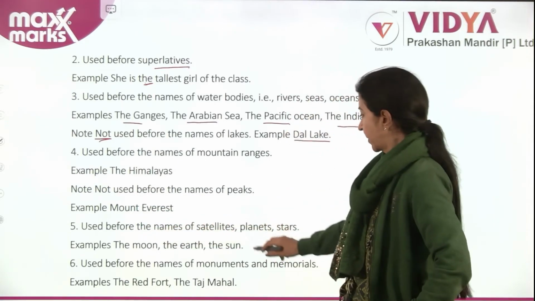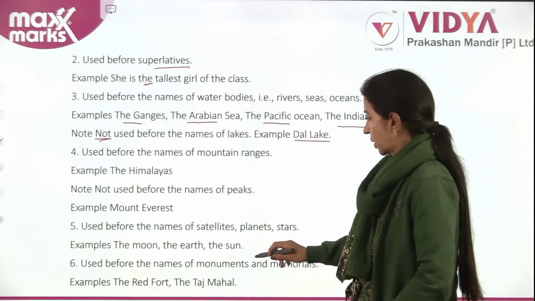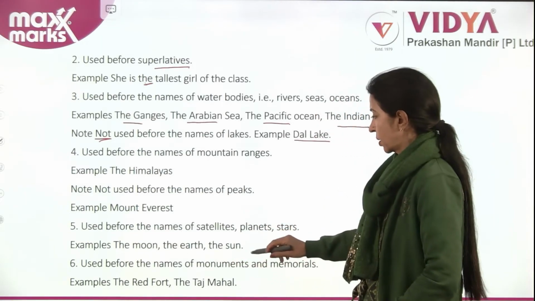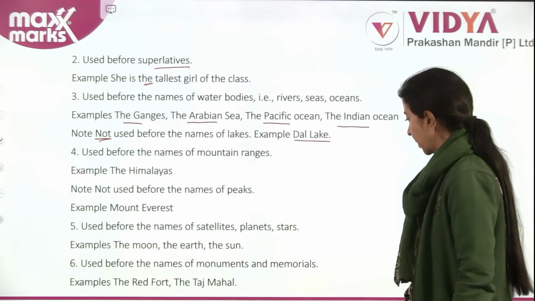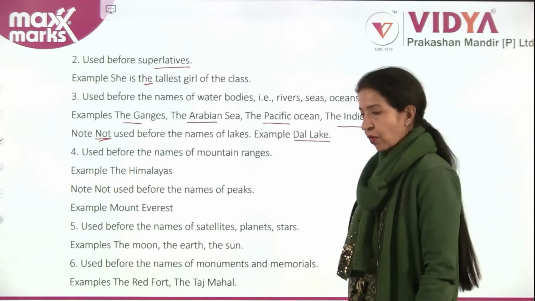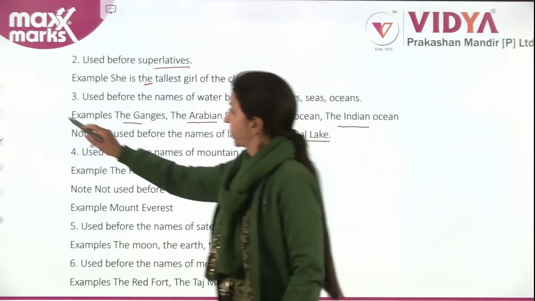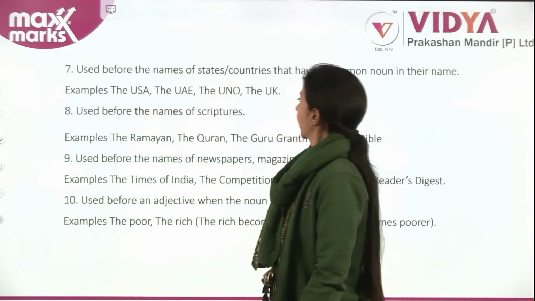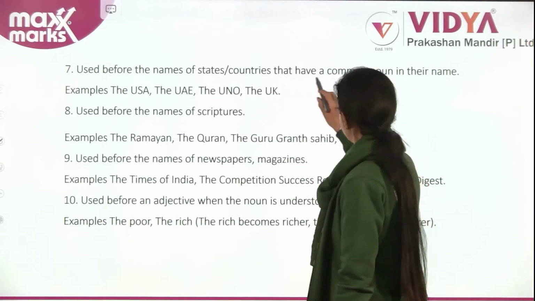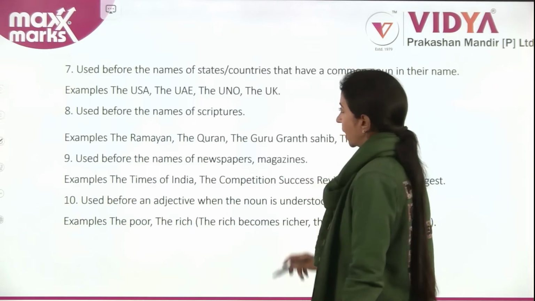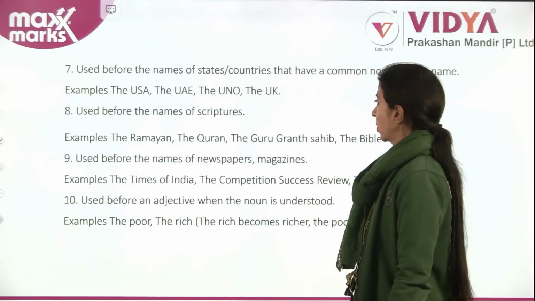Used before the names of satellites, planets, stars: the moon, the earth, the sun. Used before the names of monuments and memorials: the Red Fort, the Taj Mahal. Used before the names of states, countries that have a common noun in their name: the USA, the UAE, the UNO, the UK.